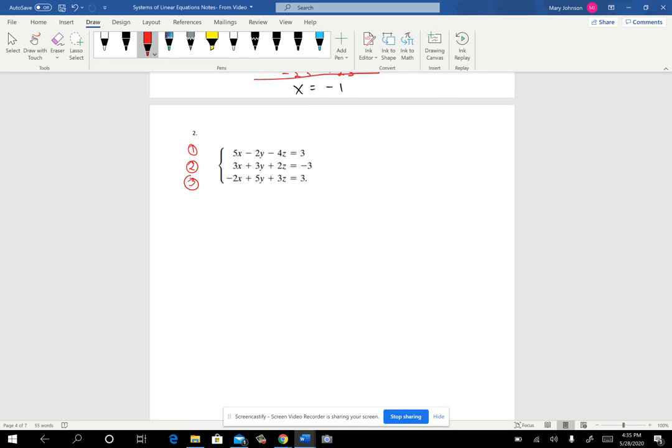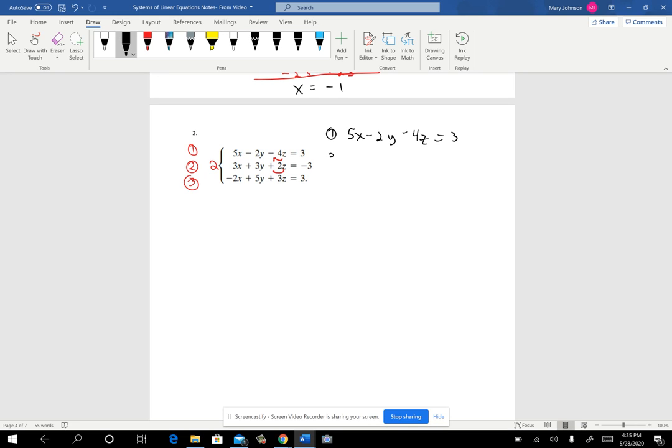So if I look at maybe picking equation 1 and equation 2, see how equation 1 has a -4, equation 2 has a +2? I could make a 4 happen right there if I multiplied through by 2. So that's what I'm going to do. So I'm not going to change the first equation. I'm just going to bring that over as is.